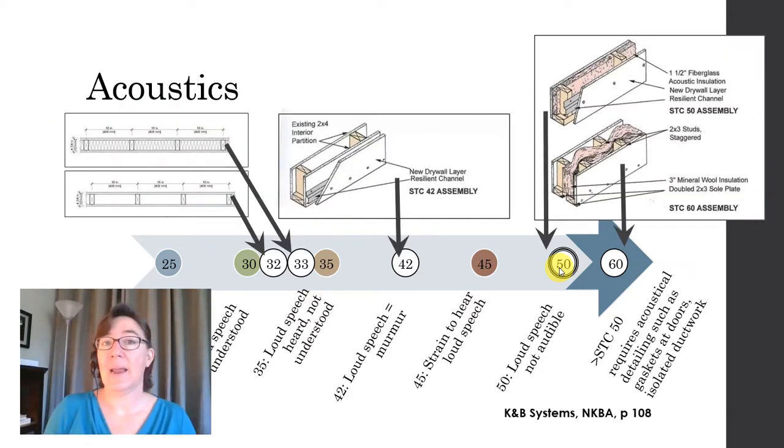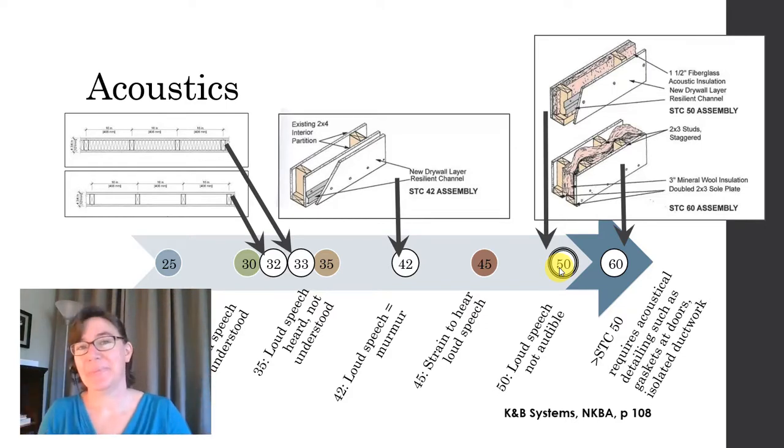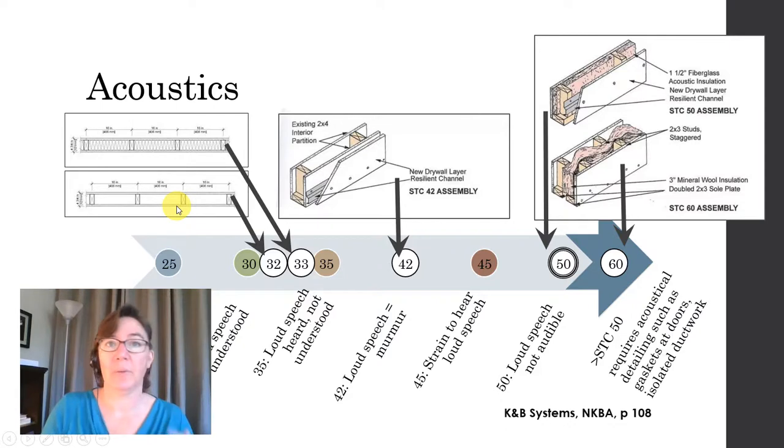Here's the same slide, same information, only I'm showing it with pictures, okay? Because we're very visual people, right? So here we are, our STC of 30. This is our typical interior partition. It's got 2x4 studs and a drywall or gypsum board or sheetrock layer on either side.